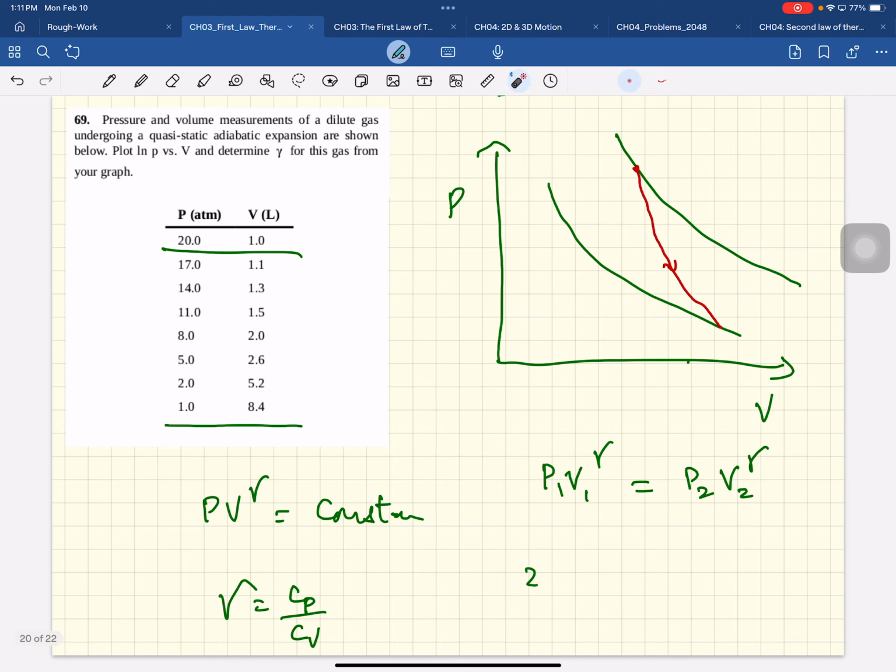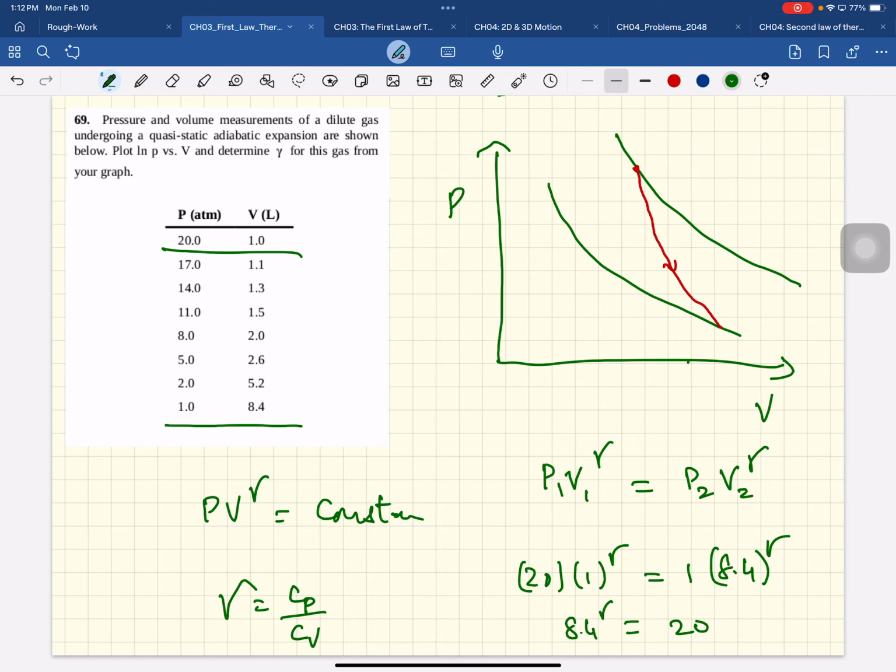And since this is an equation, we don't have to convert, we can keep these units. We don't have to convert them to SI units. So this is 20 atmospheres, V1 is 1 liter to the power gamma equal to P2 is 1 atmosphere and 8.4 to the power gamma. So 8.4 to the power gamma is 20.